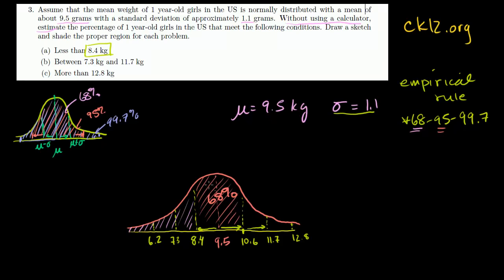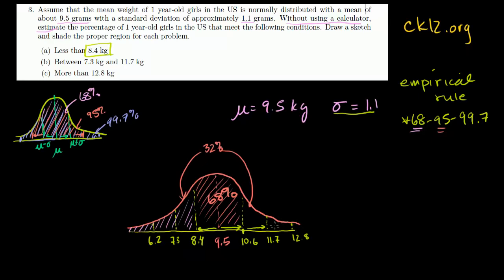You can't have more than 100%. So if you add up this leg and this leg, that is going to be the remainder. So 100 minus 68, that's 32%.